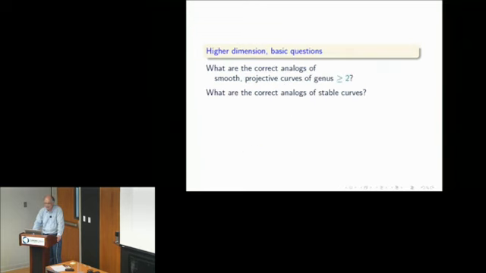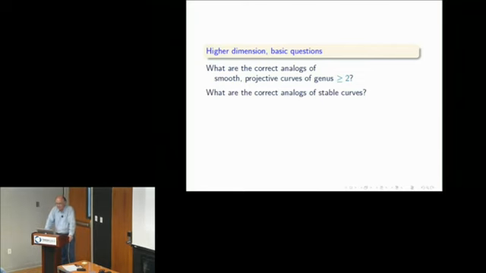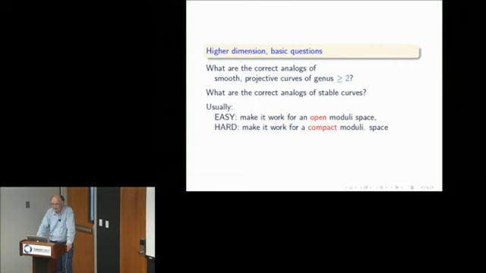Now we would like to move to higher dimensions. The first question is, what are the correct analogs of smooth projective curves of genus at least 2? And then what are the correct analogs of stable curves? These are the two questions that we want to investigate.